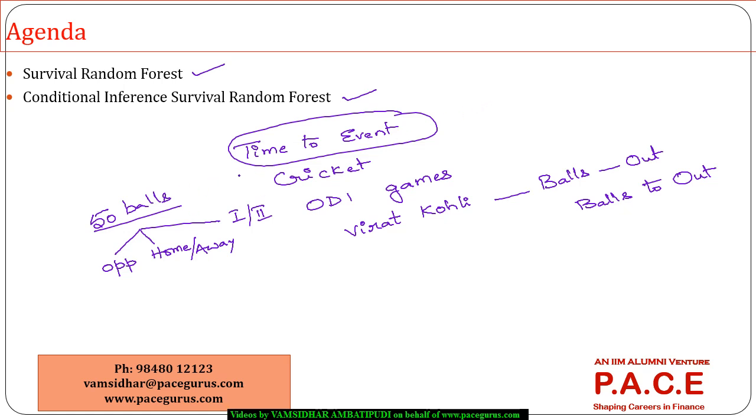I want to model typically the balls he would be taking to get out in a one day international game based on these various attributes. So because it's a time to event related data, I want to take it as a survival data. Here instead of time to death or something, we are taking balls to get out. The time we are measuring in terms of number of balls he is typically facing.